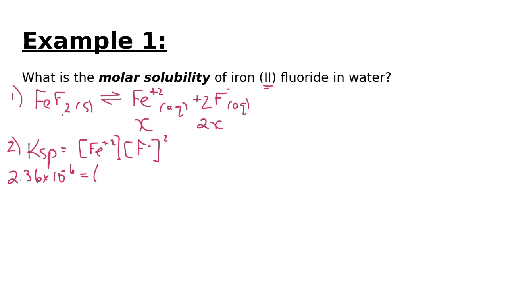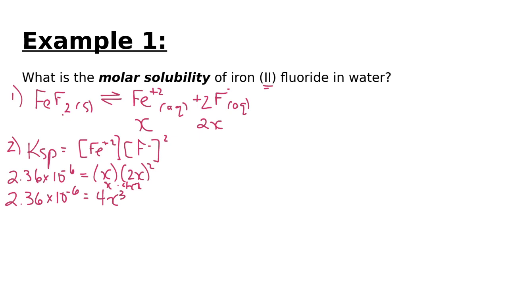This is equal to x for iron, (2x) squared for fluoride ion. We expand this out, so we get 2.36 times 10 to the negative 6 equals x times (2x) squared, which is 4x squared. Multiply that together, and we end up with 4x cubed, equaling our Ksp value.